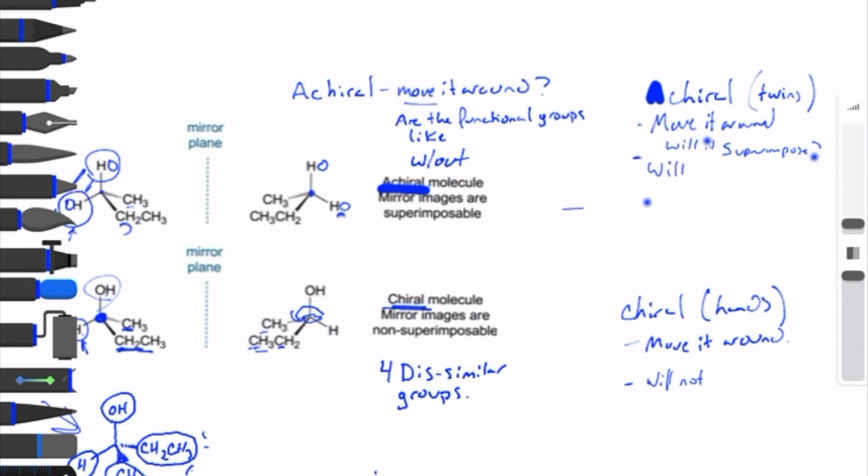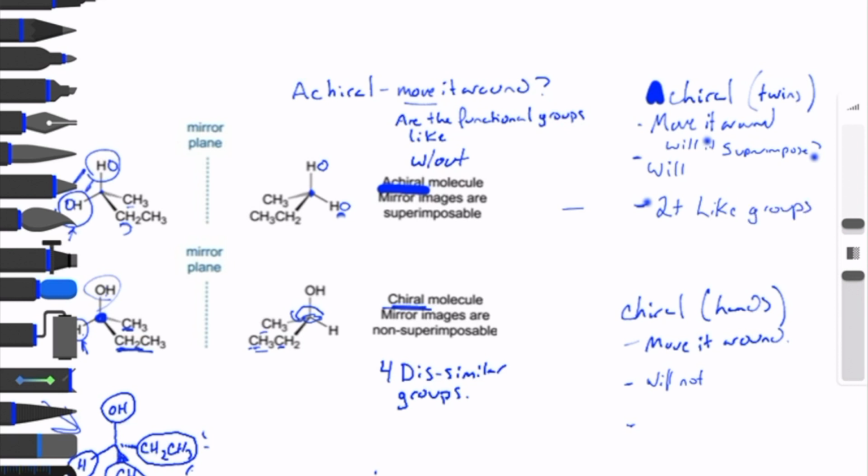And then achiral molecules, this is the best tip. This is a very fast way to check if it's achiral or not. Achiral atoms or molecules will have 2 or more, so we'll say 2 plus like groups, okay?